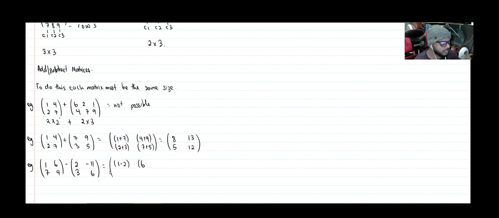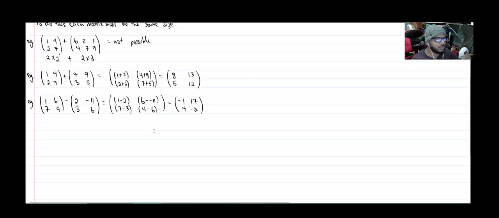I'll have the negative 11 subtracted from the 6, the 3 subtracted from the 7, and the 6 subtracted from the 4. 1 minus 2 is minus 1. This becomes 6 plus 11, which is 17. 7 minus 3 is 4. And 4 minus 6 is minus 2. Very, very simple.